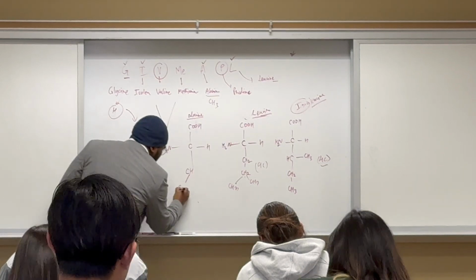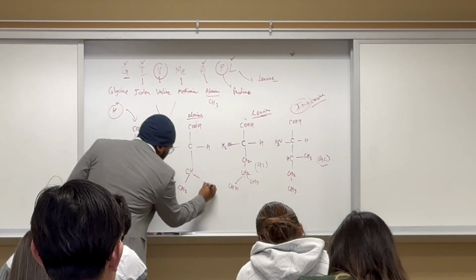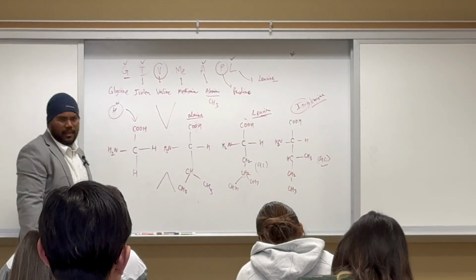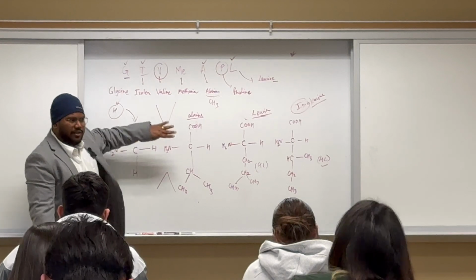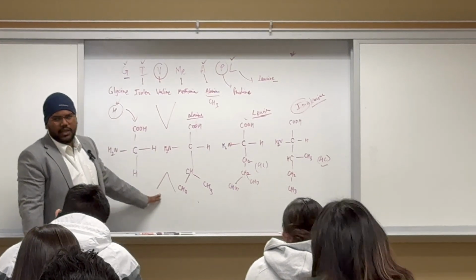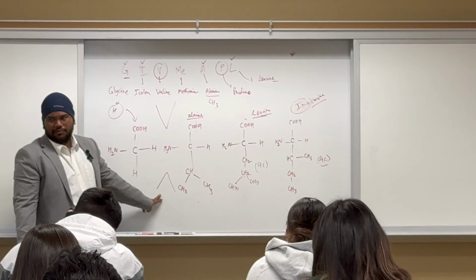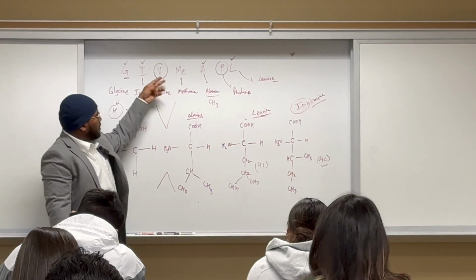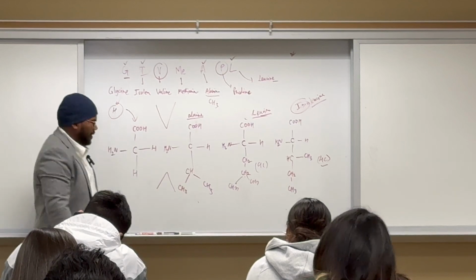Write it CH, CH3, and CH3. Can you see this is an inverted V? Inverted V is valine, right? So to remember, you have to invert the structure, and this is how you write it in bond form.